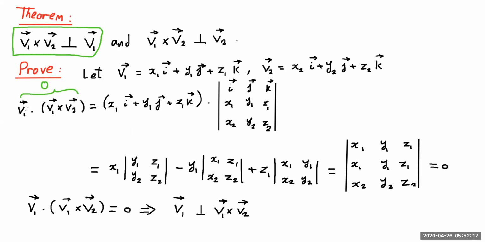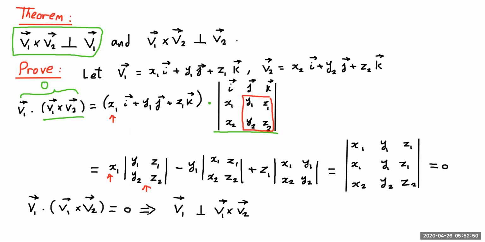Let's suppose v1 is x1, y1, z1, and v1 cross v2 is the determinant given here. How do we take the dot product between two vectors? Take x of the first vector times x of the second vector. So x1 times x of the second vector, which is i times this determinant. So it's this part.